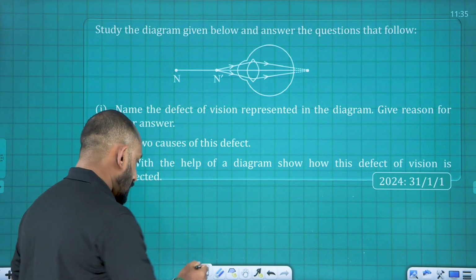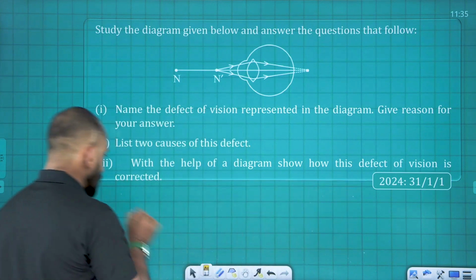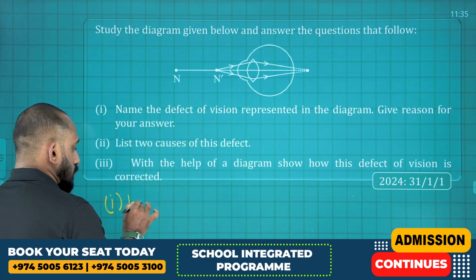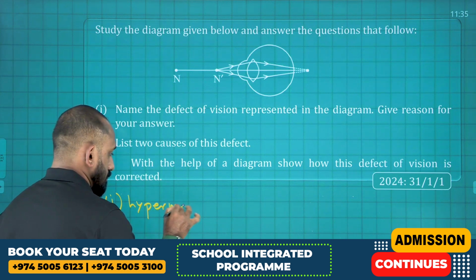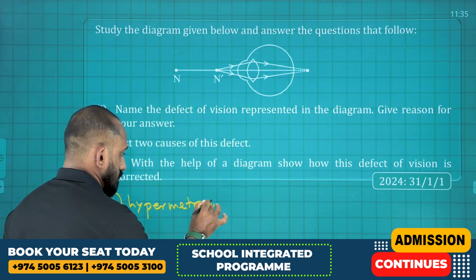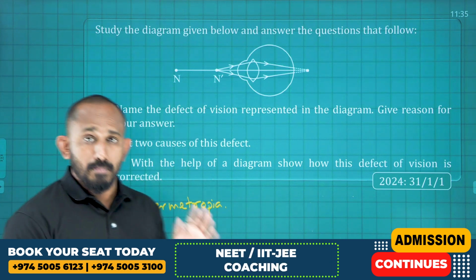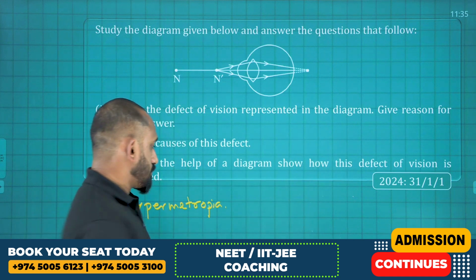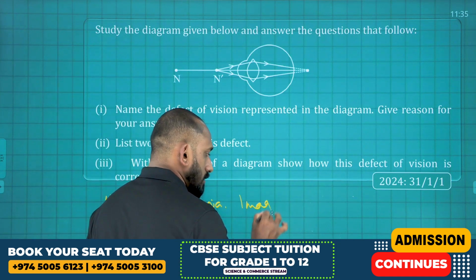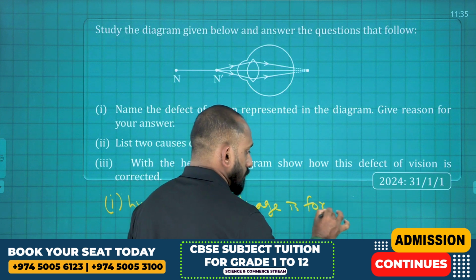So what is the defect there? Yes, it is hypermetropia. What is the reason? The image forms behind the retina. That's the reason we are giving.